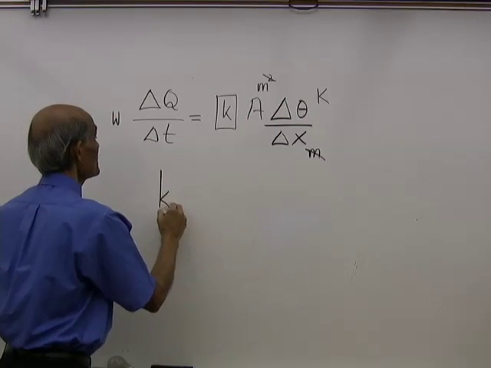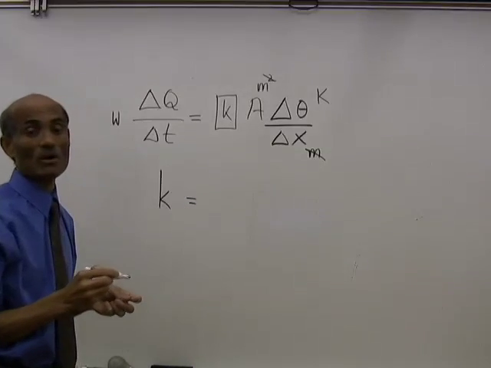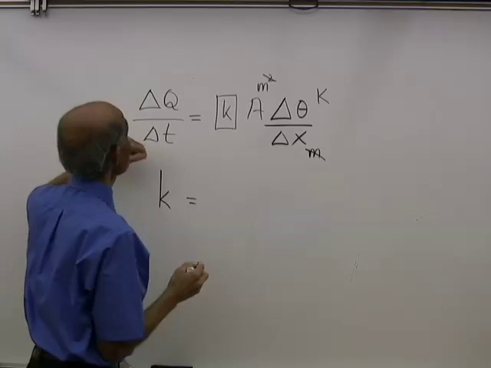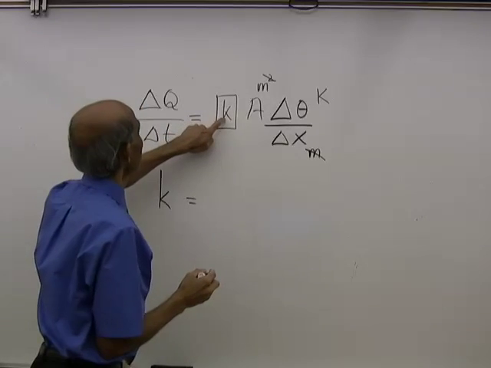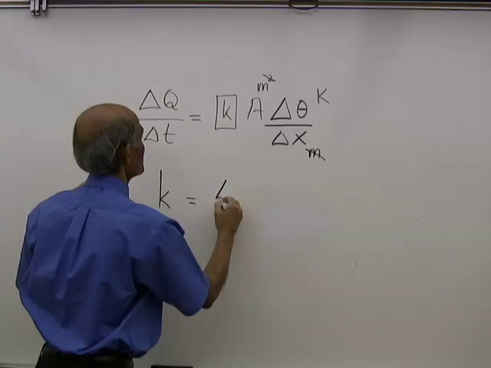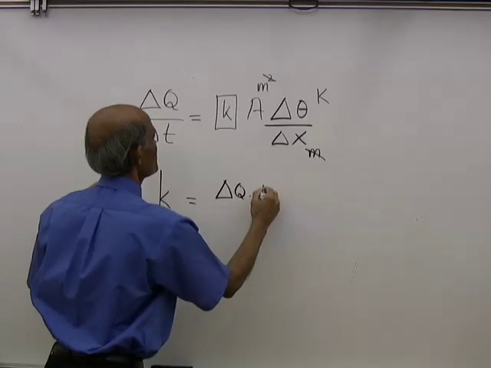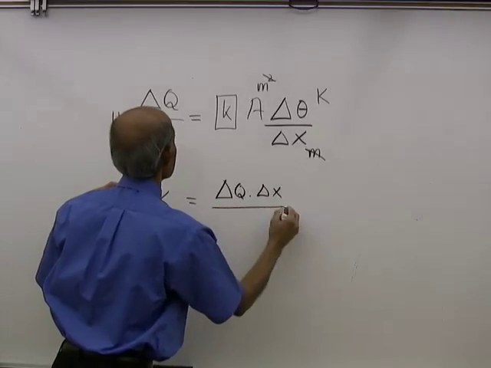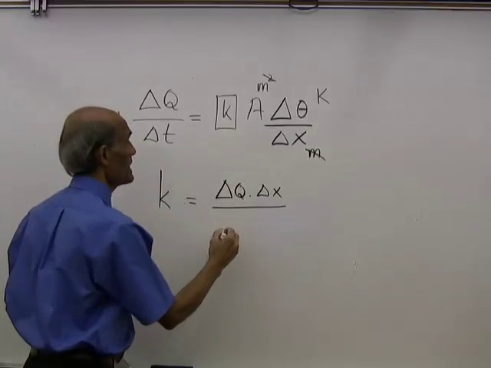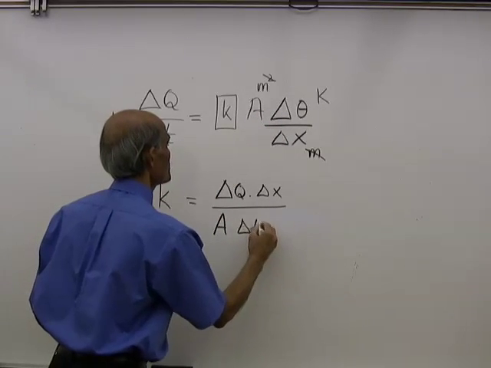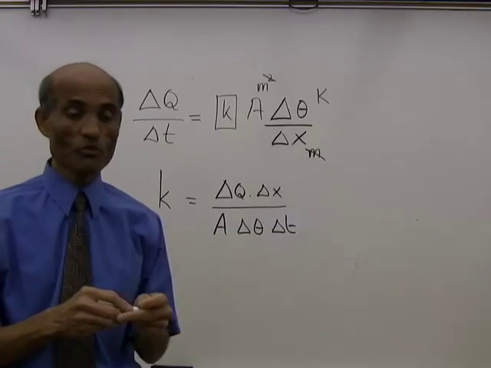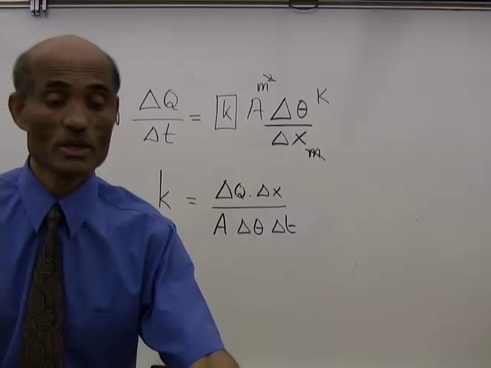And solving this gives you an equation for K. What is K equal to? K will be equal to delta Q times delta x divided by A delta theta delta T. Now, that is the equation for the thermal conductivity.